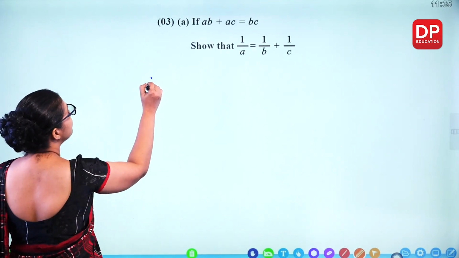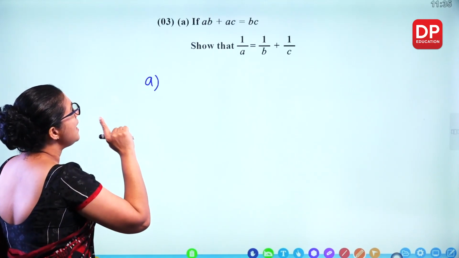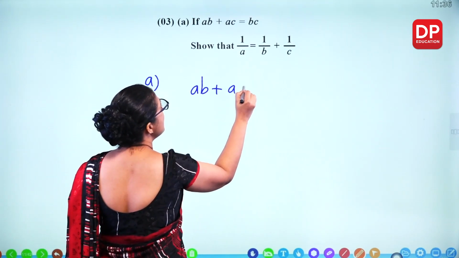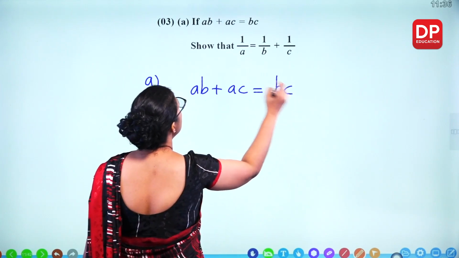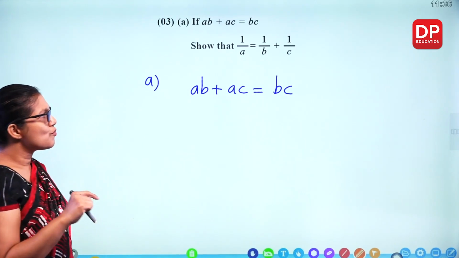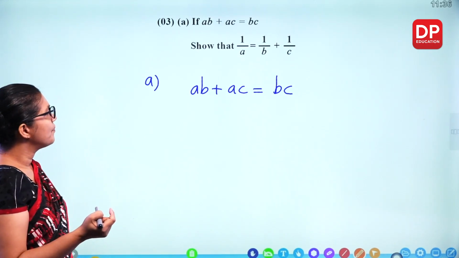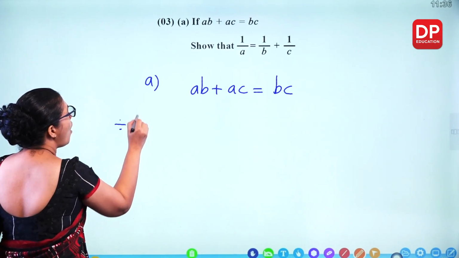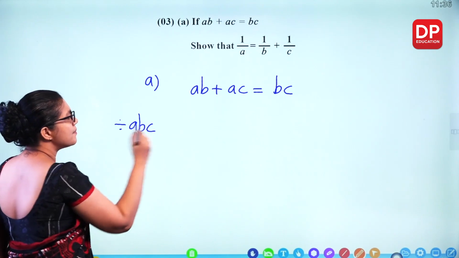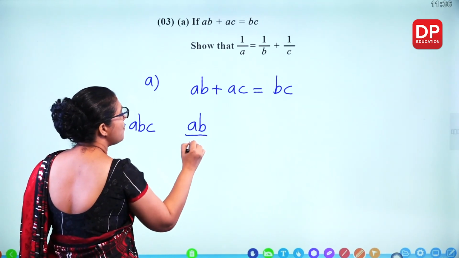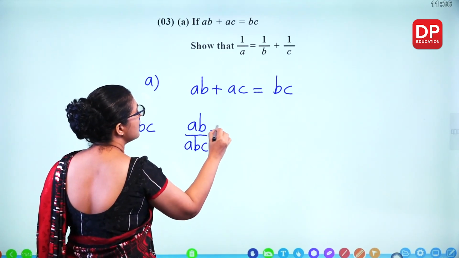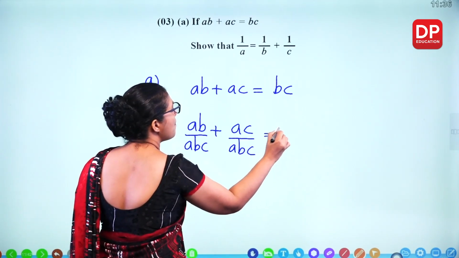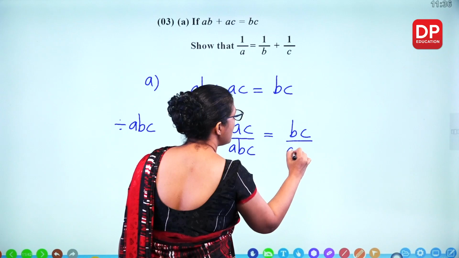Part A. If AB plus AC is equal to BC, show that 1 over A equals 1 over B plus 1 over C. So what we can do, I can divide all the terms by ABC. AB over ABC, AC over ABC, BC over ABC.